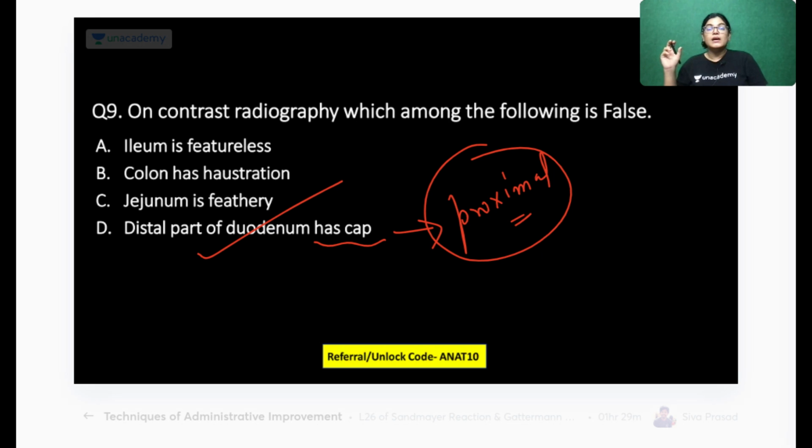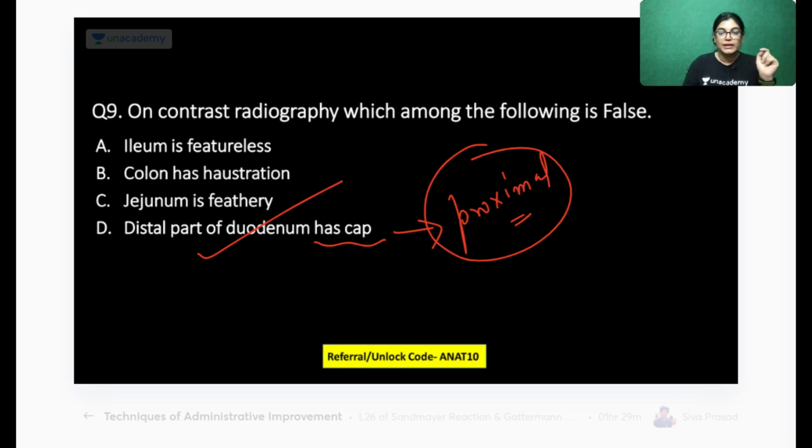It is the part which is intraperitoneal, and it is shown as a duodenal cap whenever radiography is done, contrast or plain. So that is the reason, and it's not the distal part. It's the initial 2 to 2.5 centimeters, about 1 inch, of the duodenum, which is called the duodenal cap.